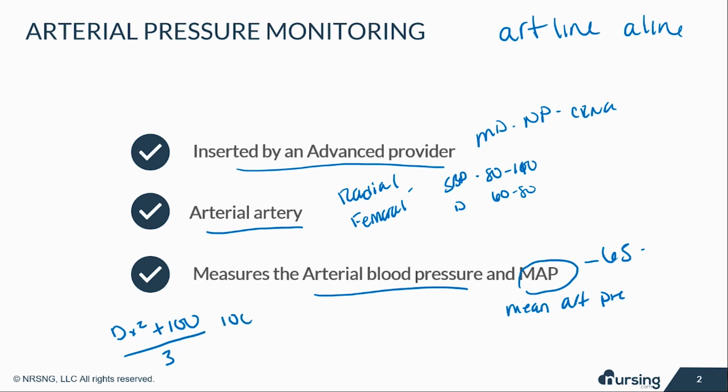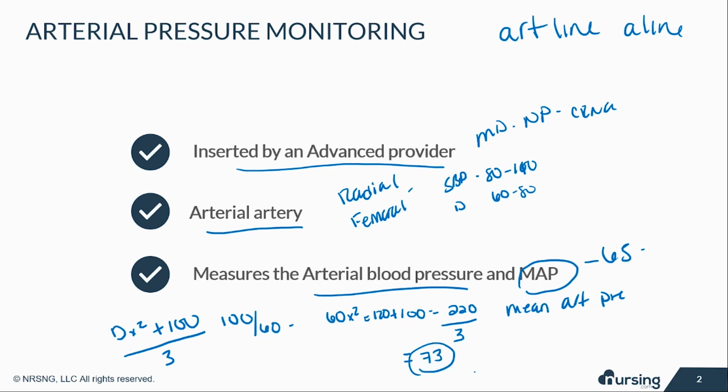If I have a patient with a blood pressure of 100 over 60, I'm going to do my diastolic times 2, which is 120, and then I'm going to add my systolic of 100. So I get 220. I divide that by 3. So my mean arterial blood pressure is 73.